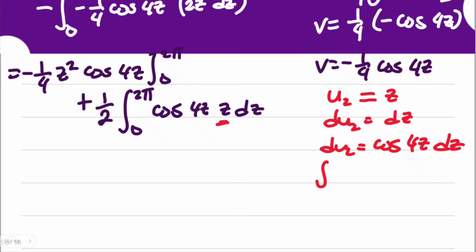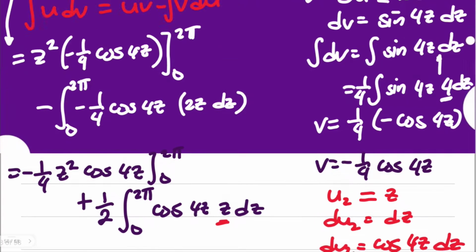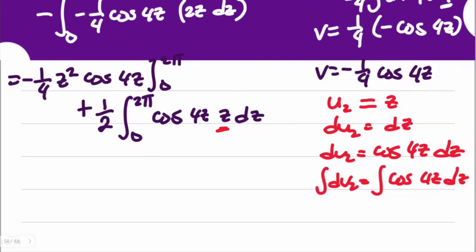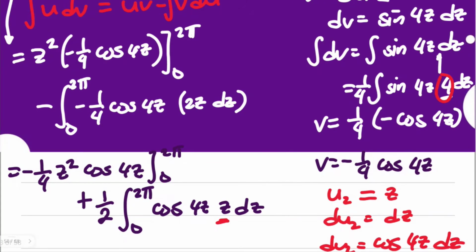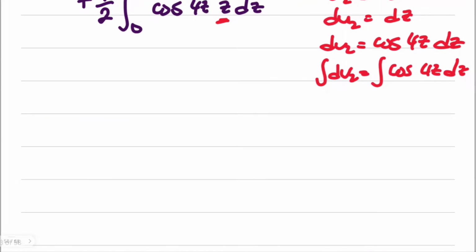To solve for v sub 2, so to integrate cosine of 4z dz, similar to earlier, for us to be able to integrate that, we need this constant 4 here and neutralize that with 1/4 outside. So this is 1/4 integral of cosine 4z times 4 dz.